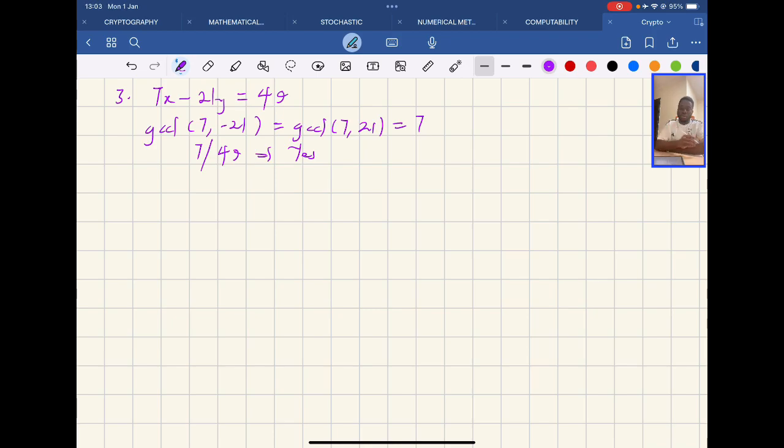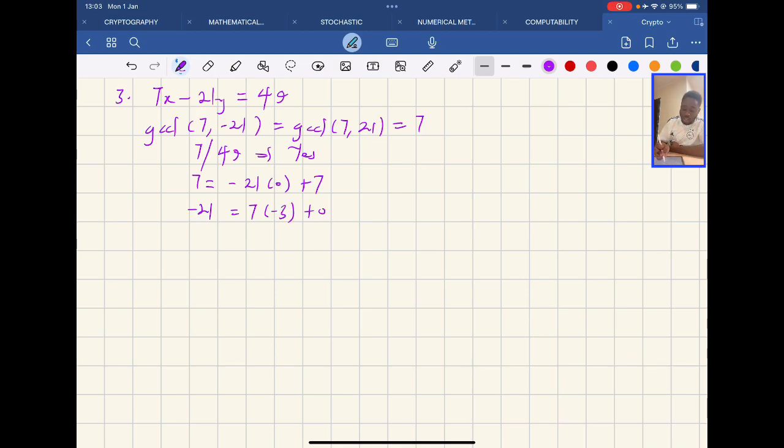Okay, so now we have to go through the Euclidean algorithm. If you go through the Euclidean algorithm, you're going to get 7 is equal to minus 21 times 0 plus 7. And minus 21 will be equal to 7 times minus 3 plus 0.